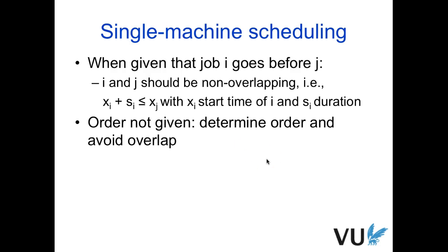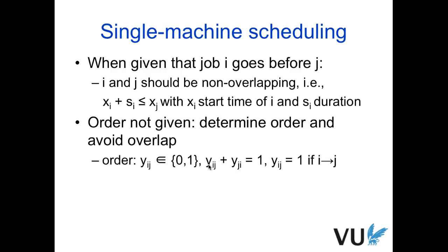However, we do not know up front that i goes before j. So we have to first determine the order and then avoid the overlap. And to do that, we introduce binary variables, y_ij, and y_ij is 1 if i goes before j.